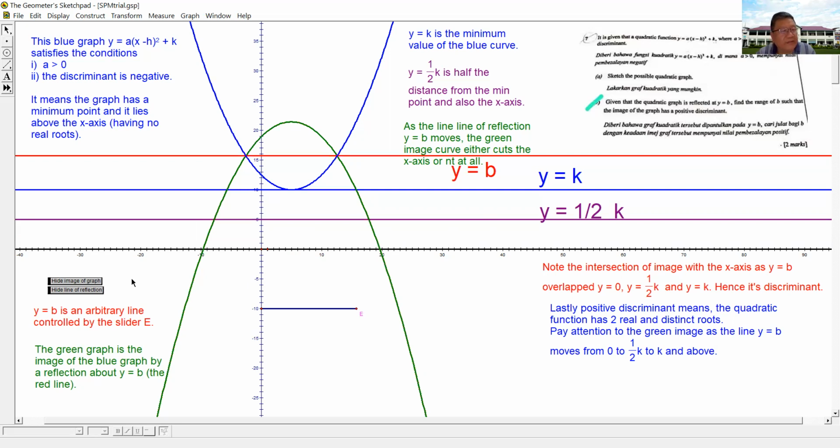So what is the answer? The answer is b must be greater than half k.